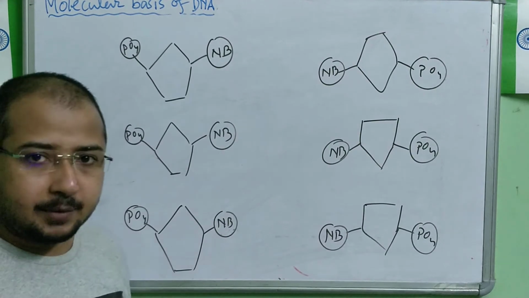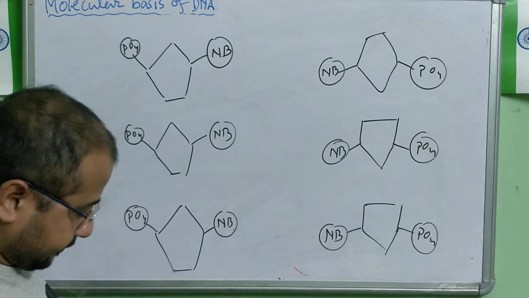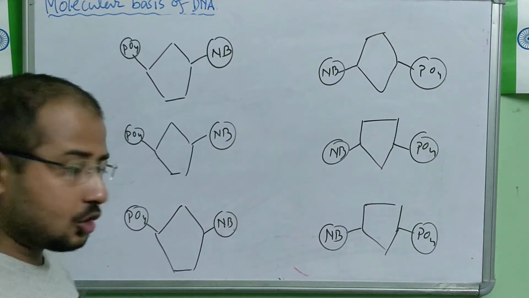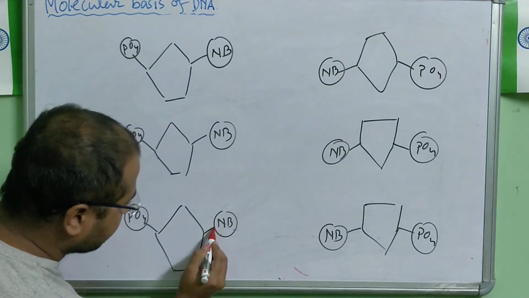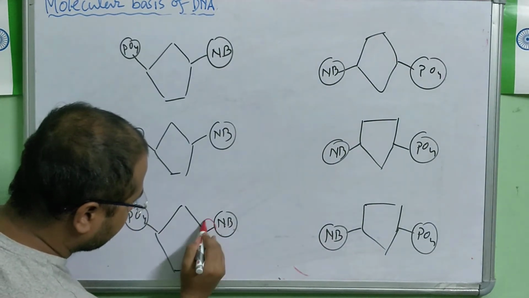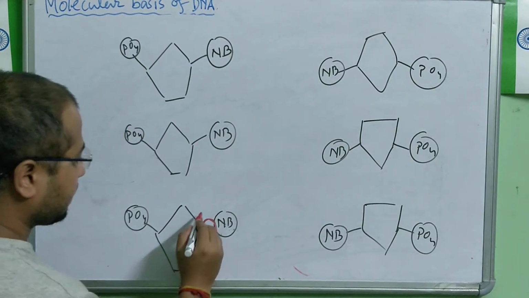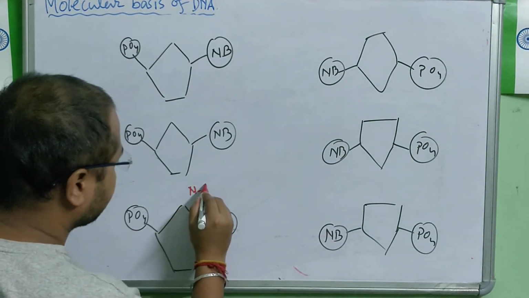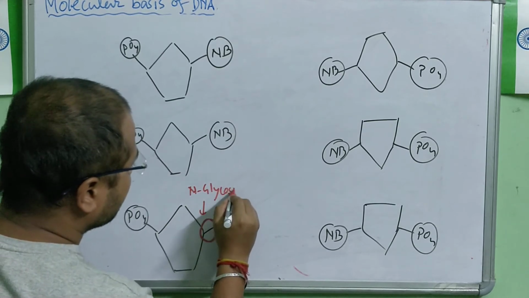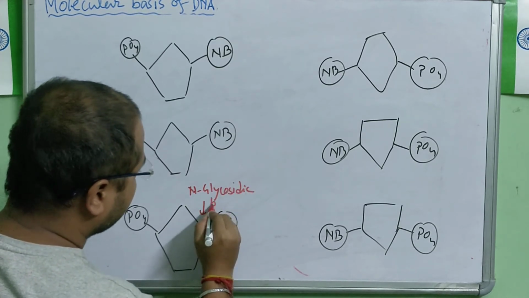Now a very important thing, remember the bond. Now 3 bonds we are going to talk about. The bond between the sugar and the nitrogenous base is known as the N-glycosidic bond.